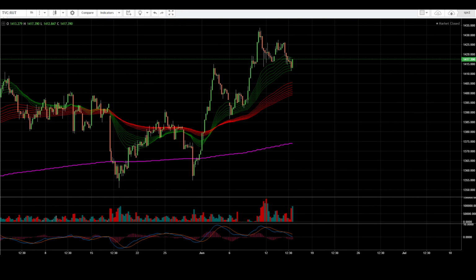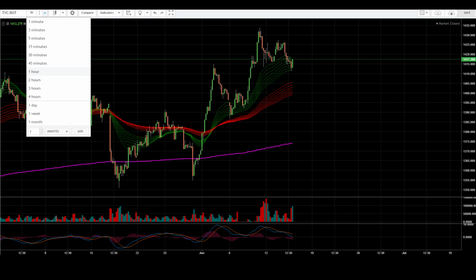Small caps are definitely not up. So double check. Oh no, small caps are down. This is not live data. So let's double check. Small caps are down half a percent. Small caps are down 0.5%.